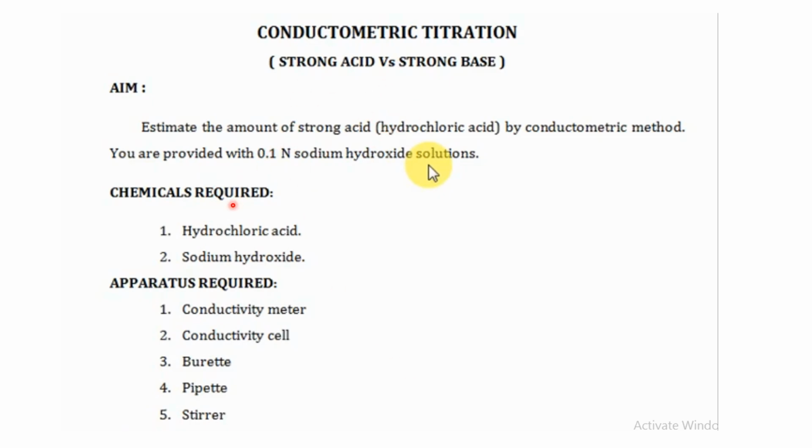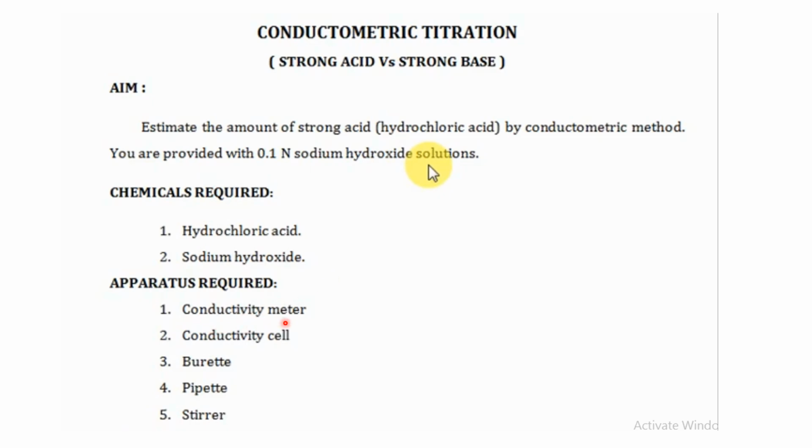So, what are the chemicals required for the conductivity titration of strong acid versus strong base? The chemicals required are HCl, hydrochloric acid, and sodium hydroxide. What apparatus is required to do the experiment?